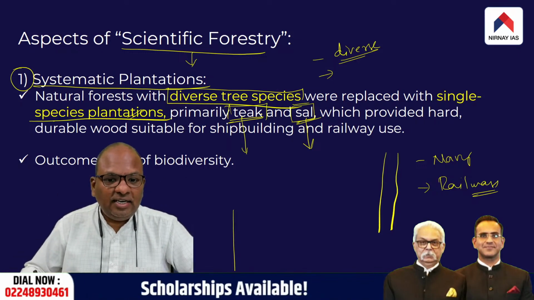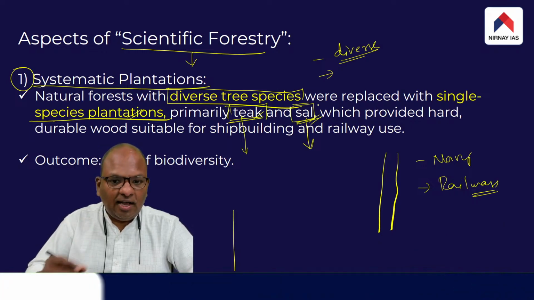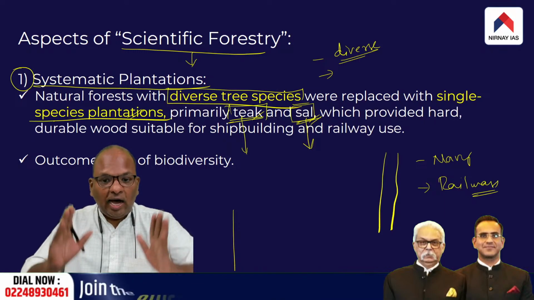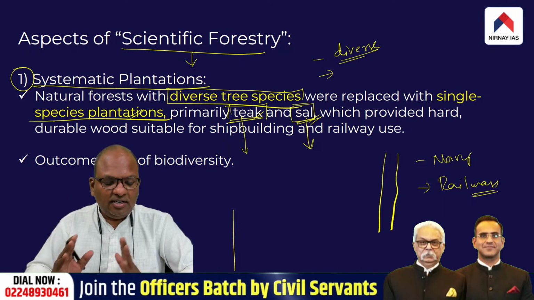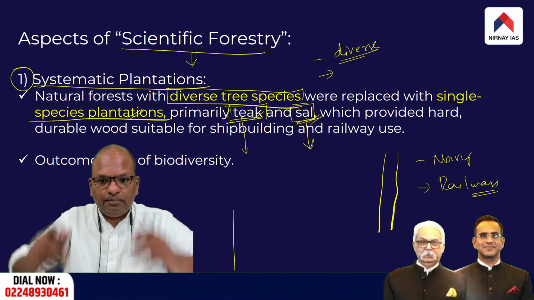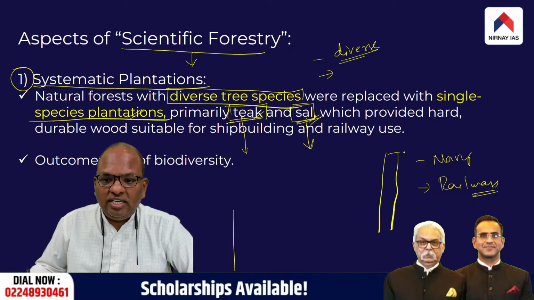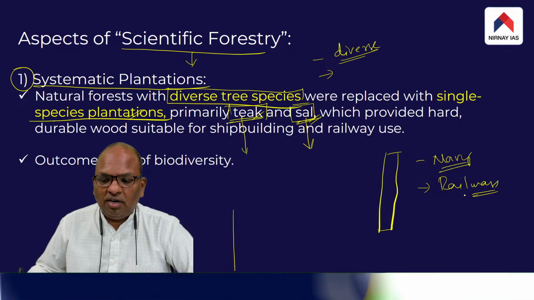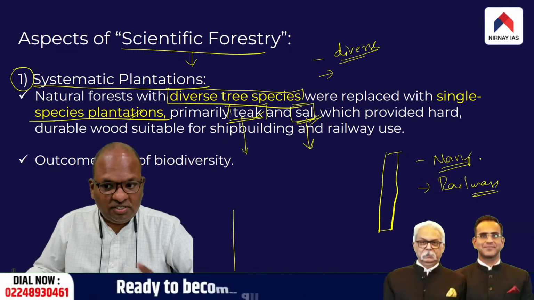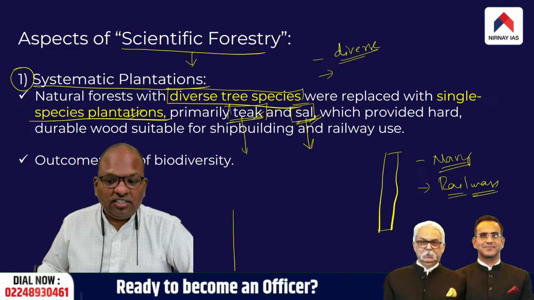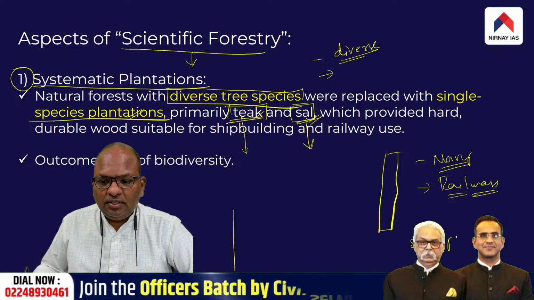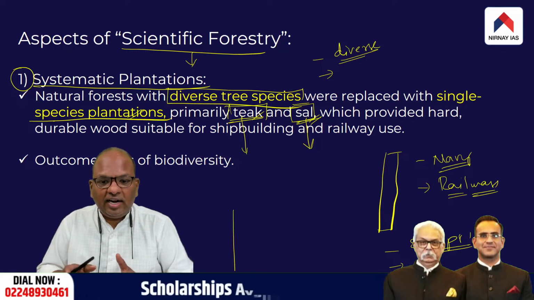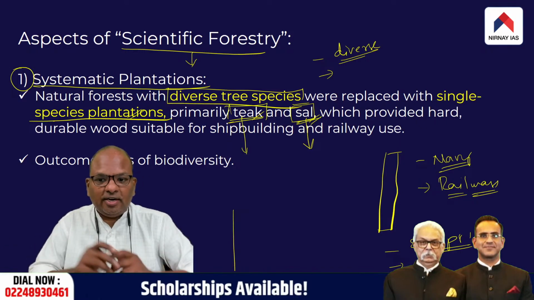Particularly trees like teak and sal were preferred, because these are hardwood trees, and second, they grow quite straight, and the British found these trees very useful in the construction of high quality ships, and second, in the construction of sleepers. I told you, these are the wooden logs that hold the rail tracks together.